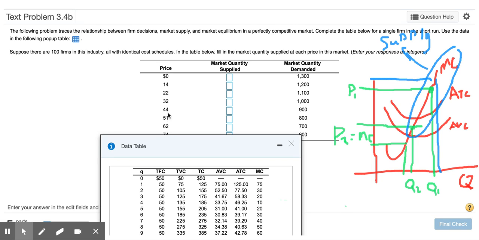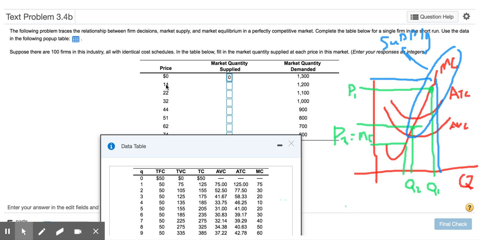When the price is 22, it's still below the marginal cost in here. So this company should produce zero in here. The reason is zero is below the marginal cost.